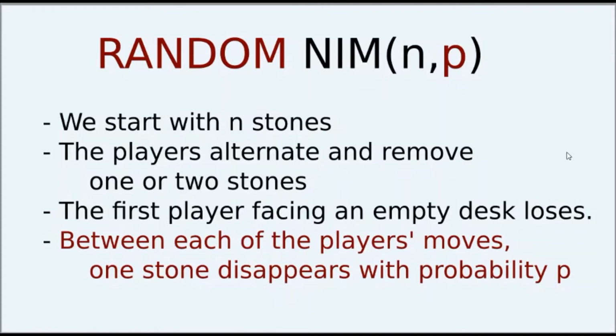But the difference between the random NIM and the ordinary NIM is that between each of the players' moves, a stone can crumble randomly with probability p. So it's 1 stone is removed with probability p. And of course, depending on p, we get different games. With p equals 0, we get just the ordinary classical NIM. Let's also try it out and play it.